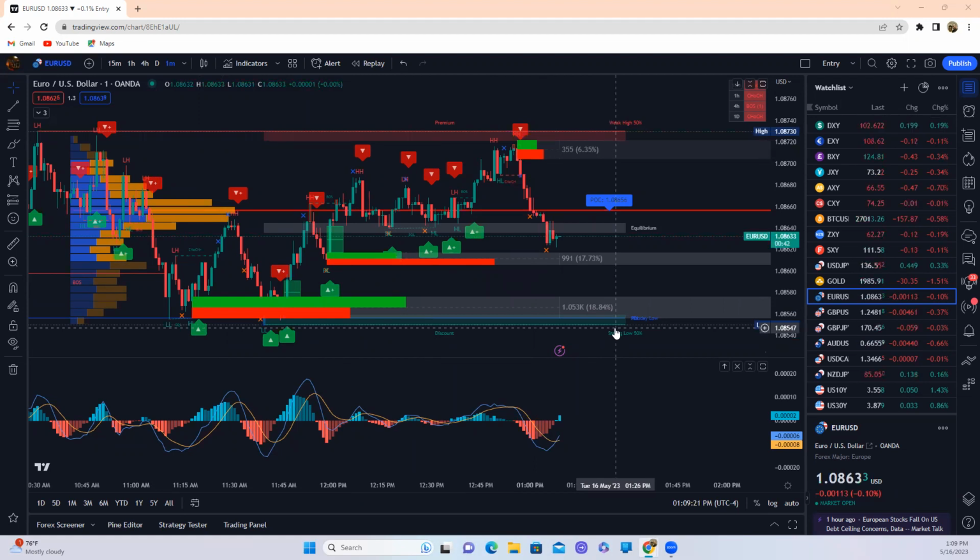Now, I'm not going to say it only works like this on the 1 minute, but what I will say is it works best on the 1 minute from this perspective. But what you have to understand about the 1 minute on Euro USD, because it could be different on other instruments, right, is the pip count.